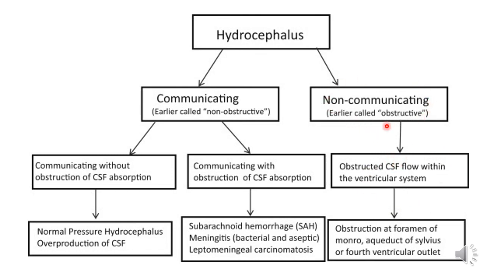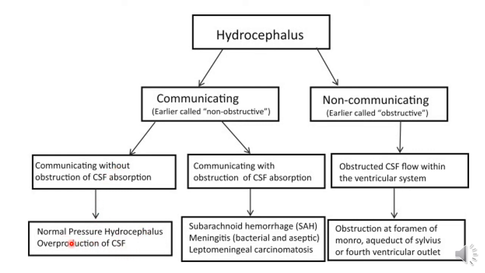So this is called non-communicating, and communicating could be either because of increased production of cerebrospinal fluid, like a choroid plexus papilloma, or due to an obstruction in the CSF absorption near the arachnoid granulations.